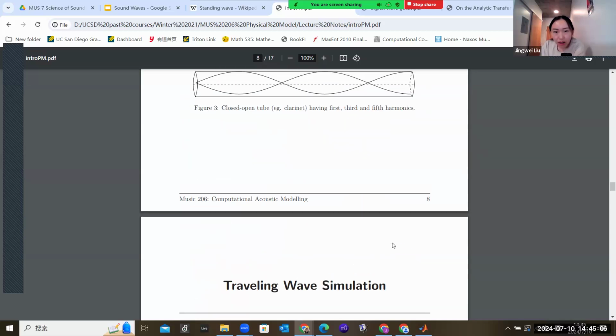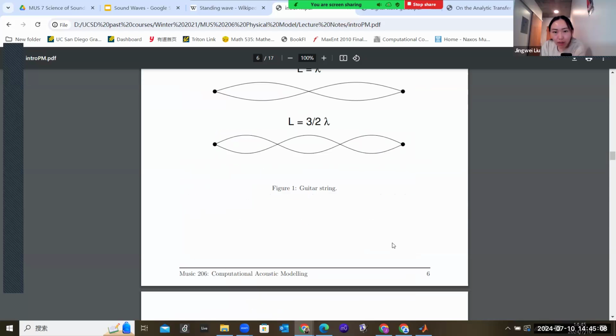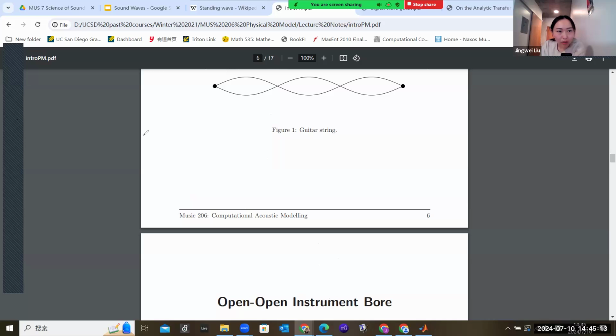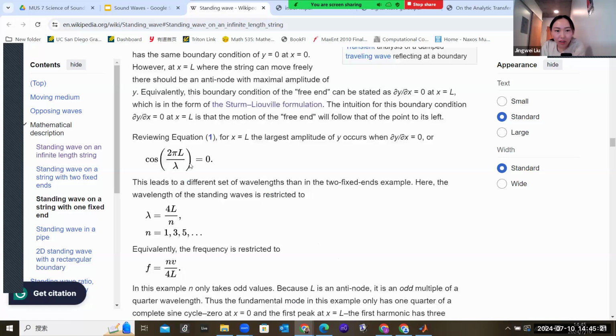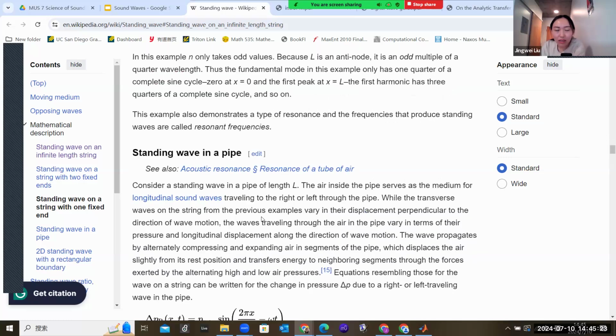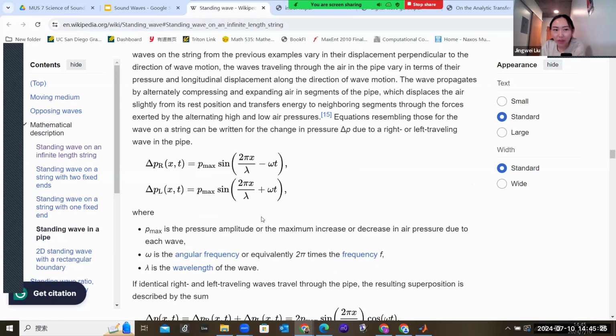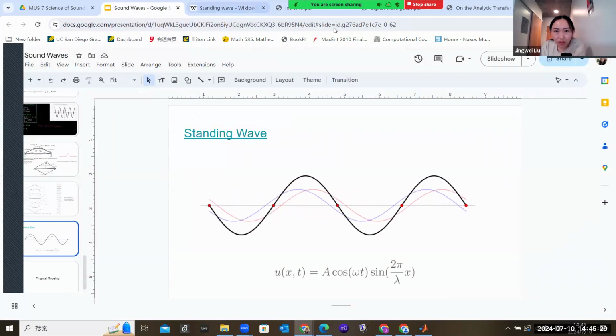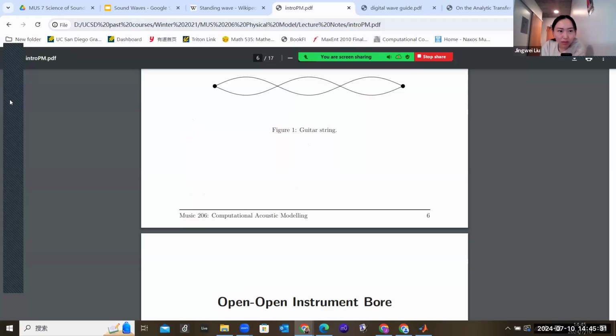So I don't know if it's clear enough, but I'll tell you a very easy way to derive those equations. Okay, so I personally feel this problem is somehow complicated, but actually this is very easy. Here, let me tell you this trick.